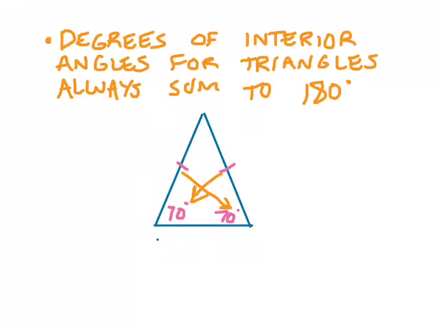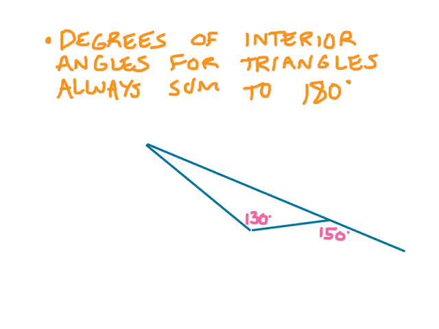And because I know triangles sum to 180, and I already have 140, this missing angle up here must be 40 degrees. So I can use that 180 degree rule for triangles to fill out the angles of a triangle when I don't seem to know them all initially.